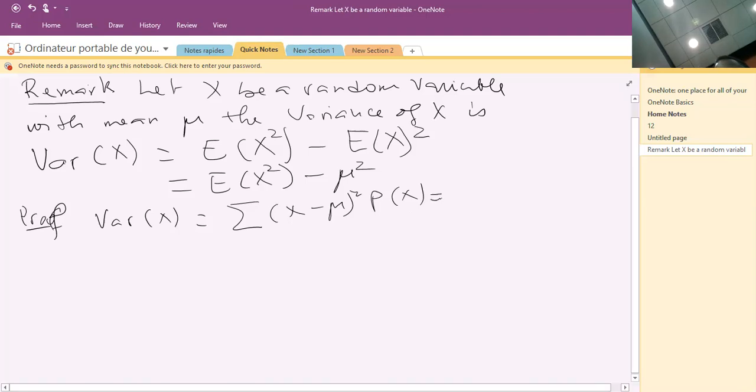So we can say this is equal to the sum of (x squared minus 2x mu plus mu squared) times p of x. I just expanded (x minus mu) squared.